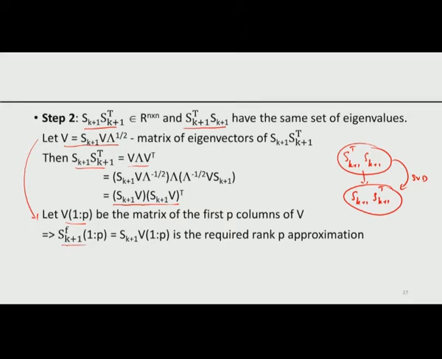It can be shown that these two matrix relations give the rank p approximation. So the rank p approximation for the forecast I want is given by multiplying S_{k+1}, which I already have, a matrix of size n by (p plus q), by this. This is the required rank p approximation.